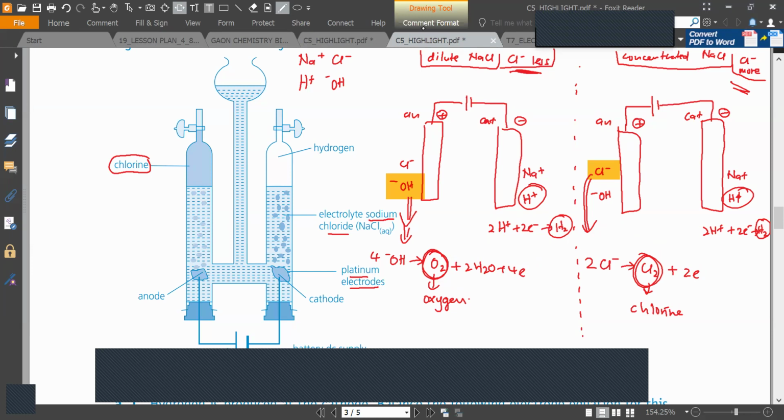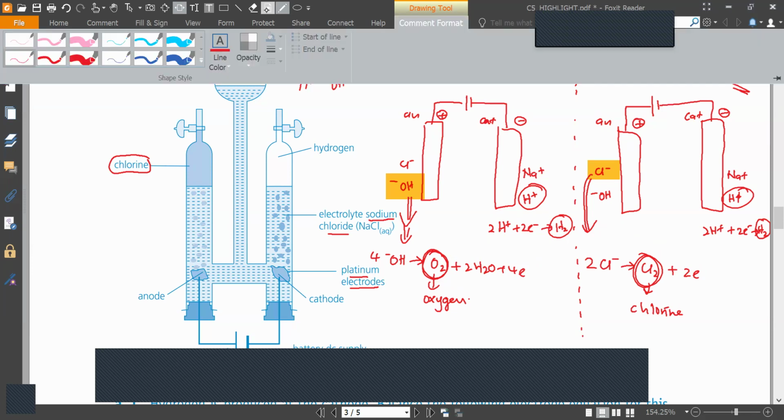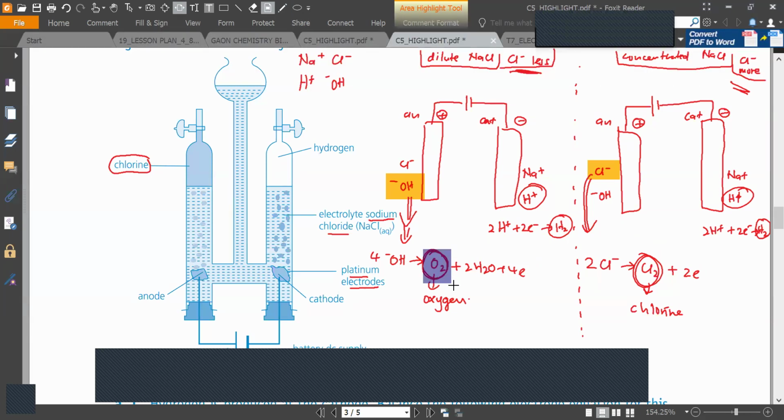So we can see the product here is oxygen and this is chlorine. That's the difference. But this side is just the same. So that's how we analyze this situation.